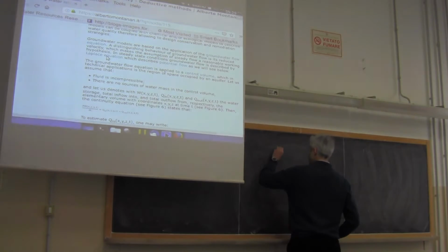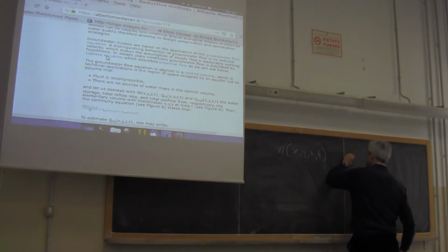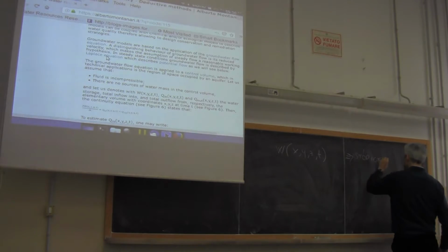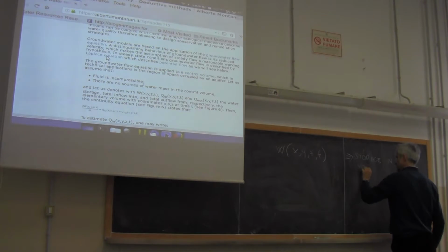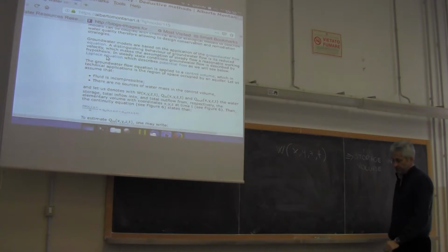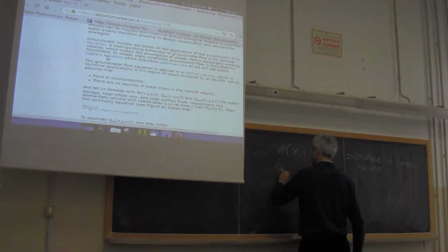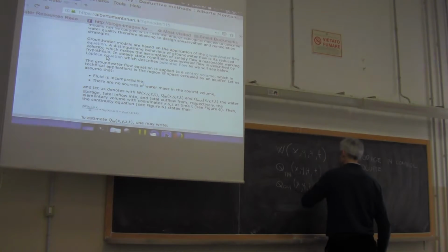W, which depends on the three spatial coordinates and time, is the storage in the control volume. And we indicate with Q in, again depending on the three spatial variables and time, and Q out, again depending on the three spatial variables and time.